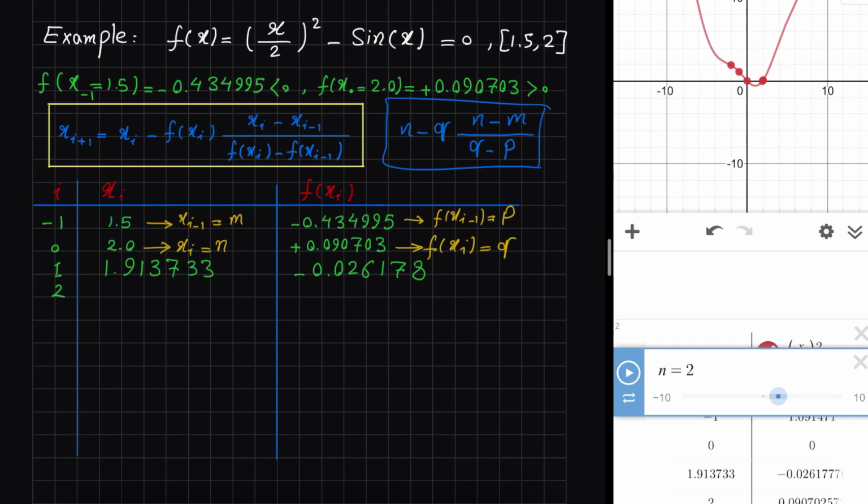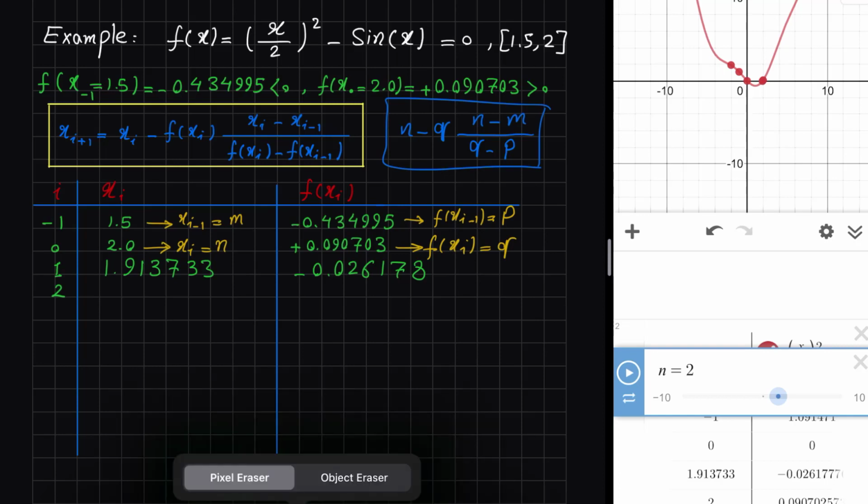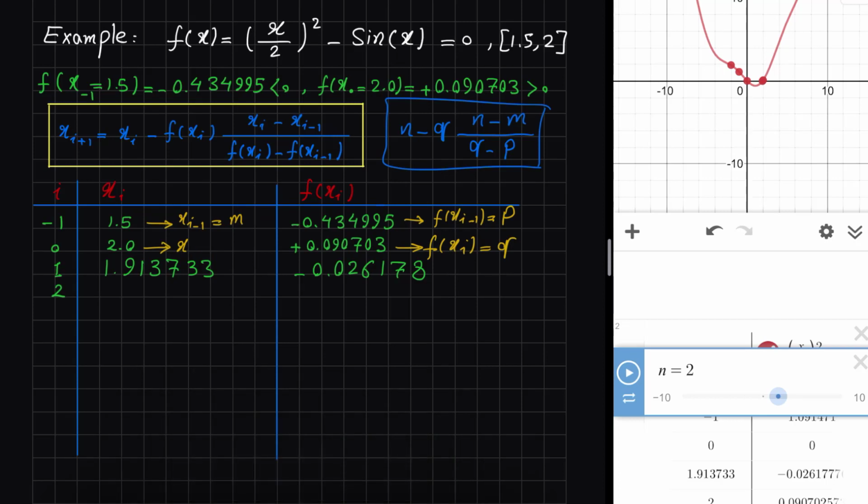You know, the values are updated, so we just update these values. So this is new m, this is new n, this is new q, this is new p.